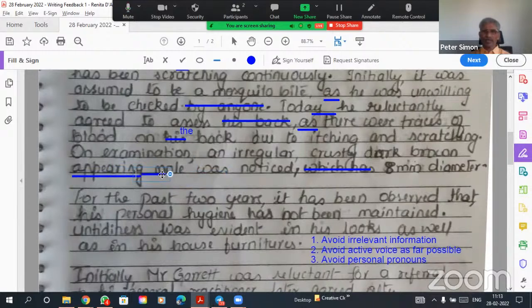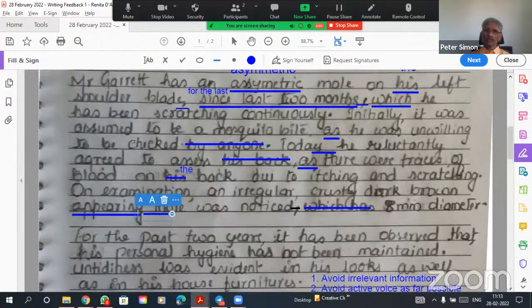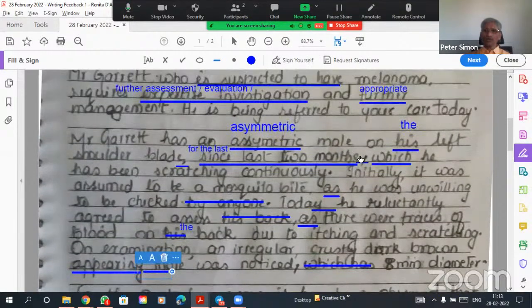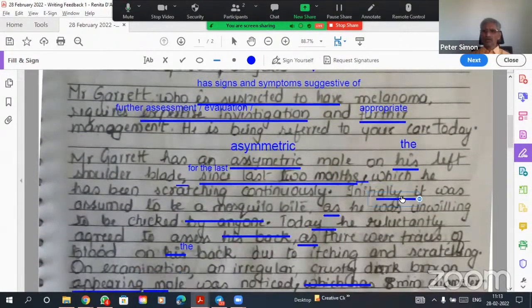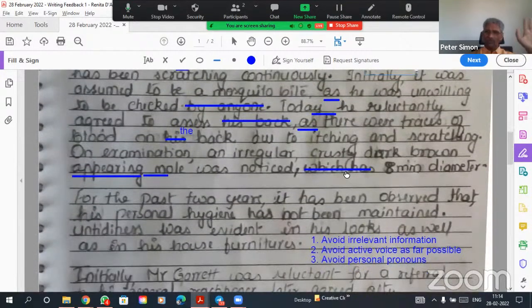Remove appearing and remove which has: 8 mm diameter mole was noticed. You need not write which has, because you already used which here. Why are you repeating which again and again? Once you write, enough, leave it.